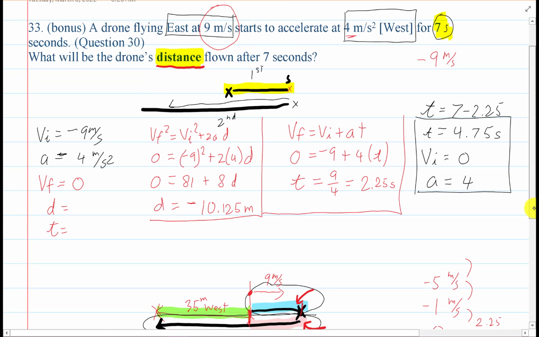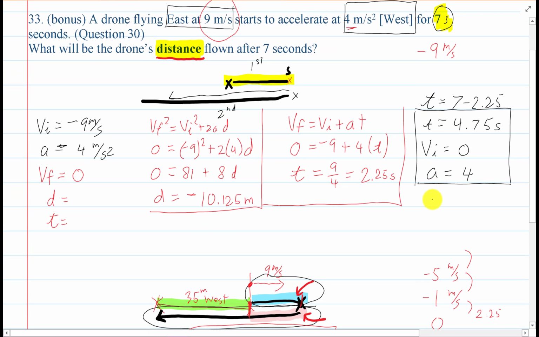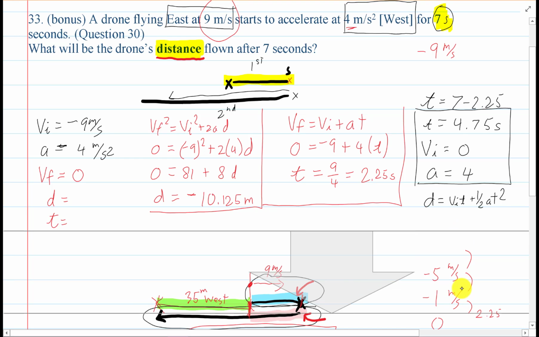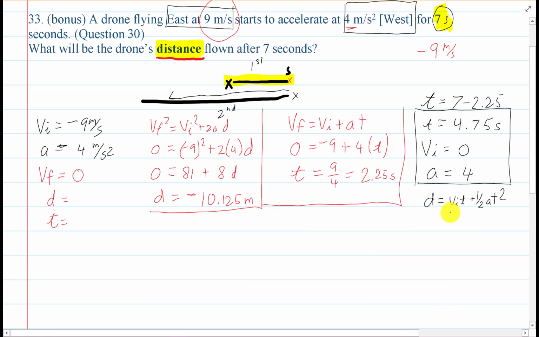So the distance is equal to VIT plus 1/2 AT squared. So 0 times t, so that just disappears, plus 1/2 of 4 times 4.75 squared.